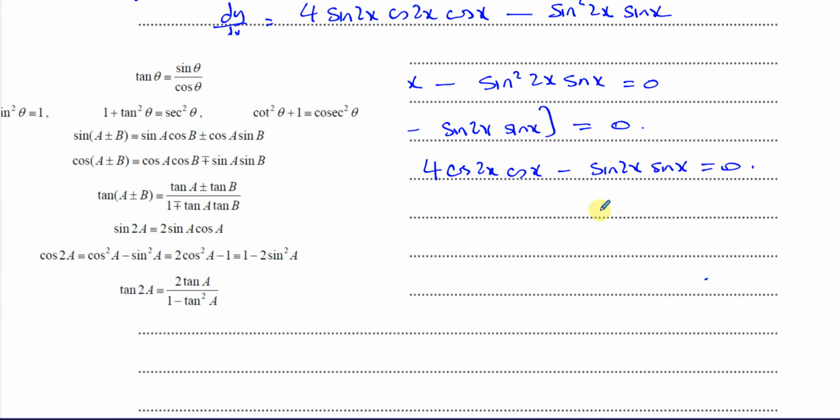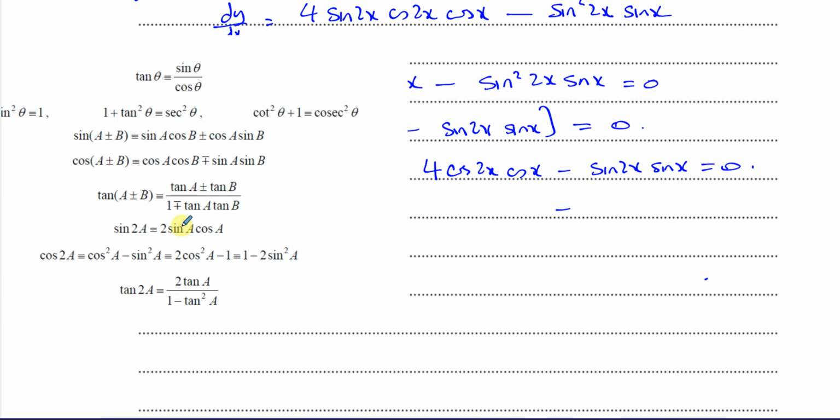I know that cosine 2x can be expressed in terms of cosine squared x. Sine of 2x can be expressed in terms of sine x and cosine x. So this one we have no choice. This is going to become 2 sine x cosine x.